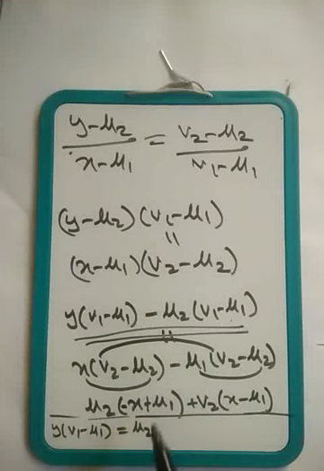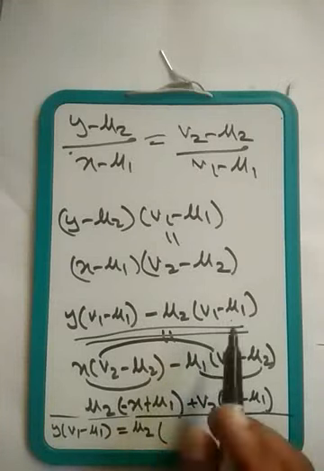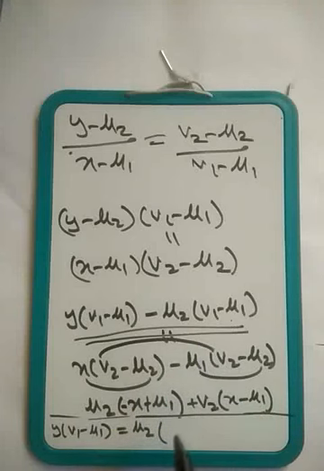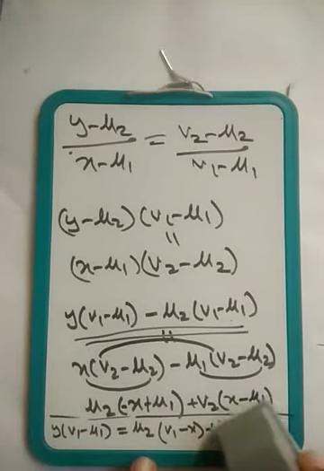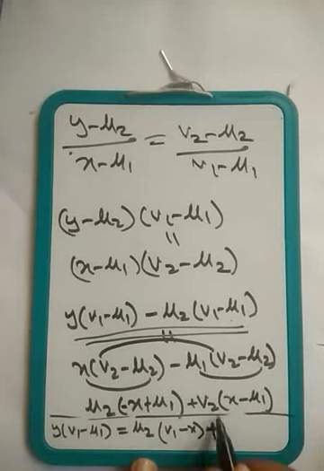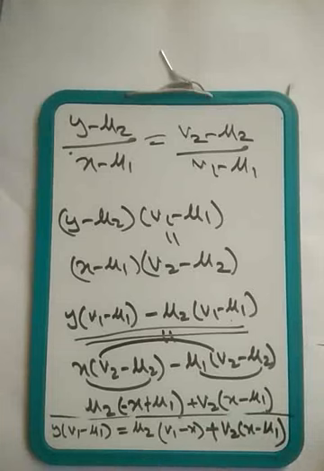So this bracket with this bracket, this is plus u1, this is minus u1, that cancels. So that is u2 times v1 minus x plus v2 times x minus u1.